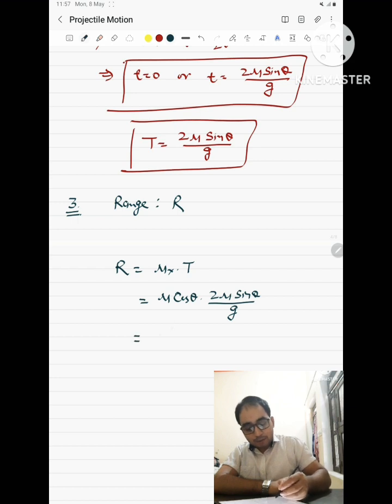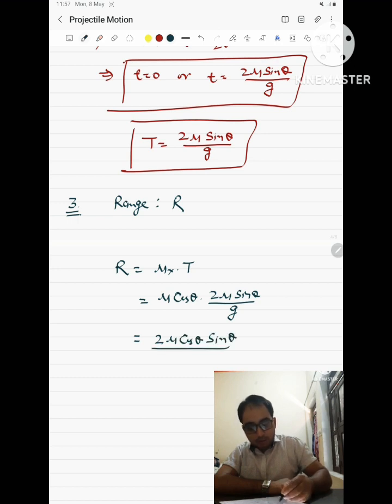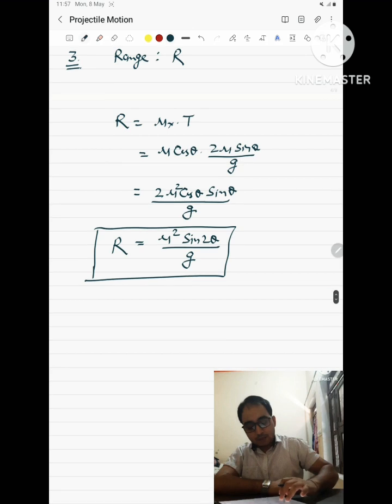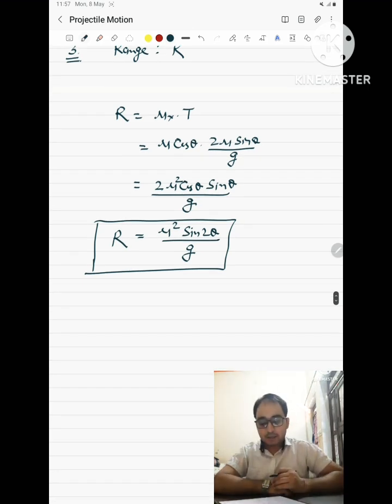So R will be 2u square cos theta sin theta upon g, and 2 sin theta cos theta we can write as sin 2 theta, so R is u square sin 2 theta upon g. So this is the distance traveled by the particle in the horizontal direction.